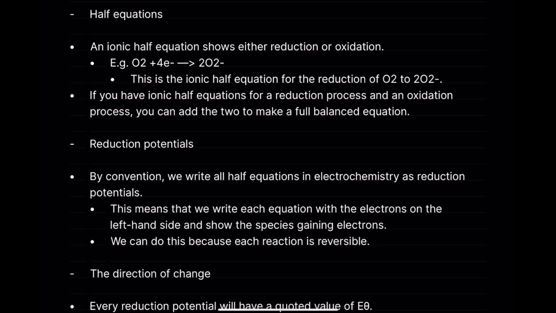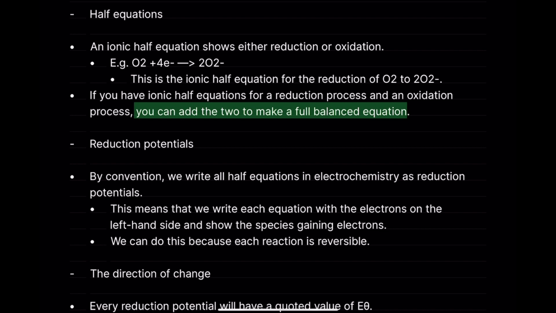If you have an ionic equation for the reduction process, which is what we have here, and an oxidation process, say another half equation for the oxidation process of another type of reaction, you can then add the two half equations together to make one full balanced equation. I want to highlight this part because I think this is the biggest part of this entire unit. The majority of exam style questions are based around half equations.